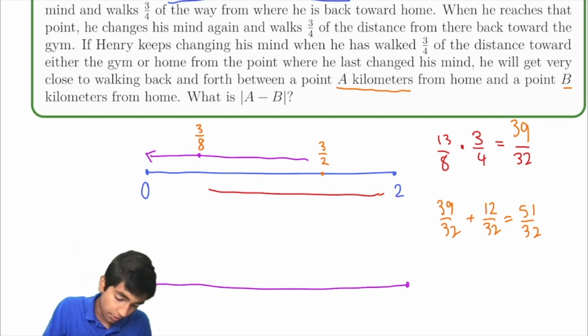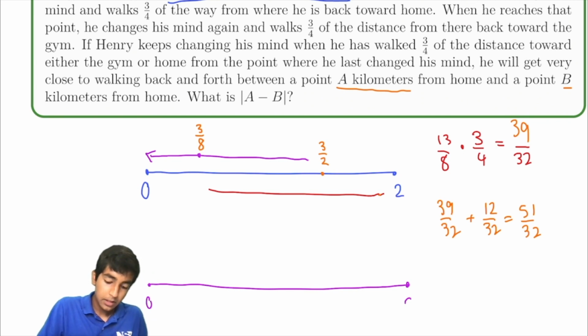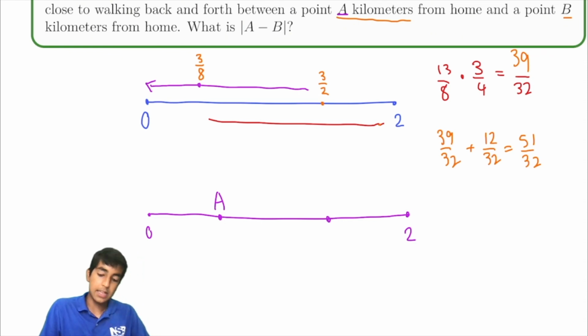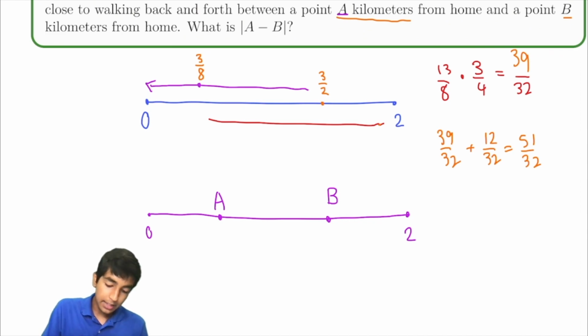So what does that mean? Again, we've got our 0 and our 2 here. Let's say he's at some point A, that's the point A kilometers from home. So let's just make it capital A. Then he'll go to a point capital B. And what is capital B in terms of A? Well, there's 2 minus A of the distance left, and he's going to walk 3/4 of that.